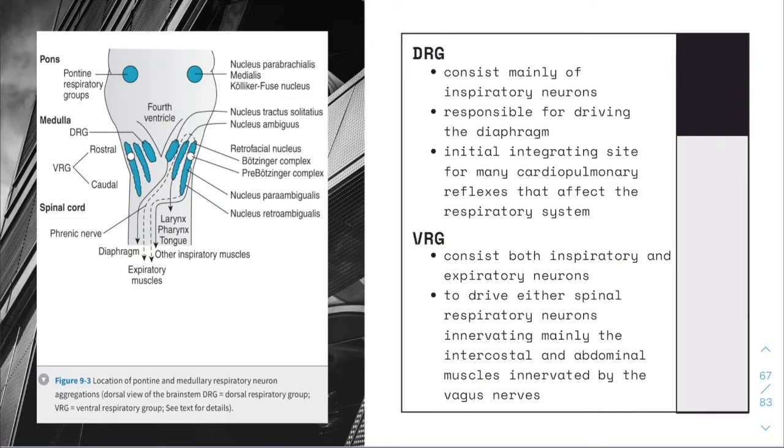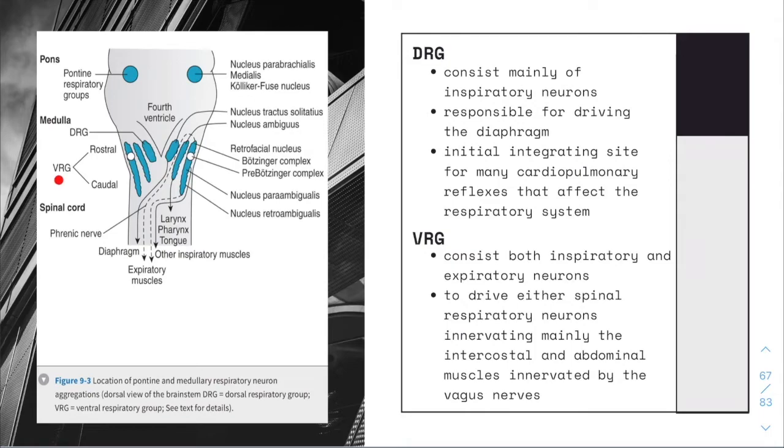In this illustration, you have your brainstem, where your medulla and pons are, and this is where your nuclei responsible for generating your inspiratory and expiratory neurons are found.